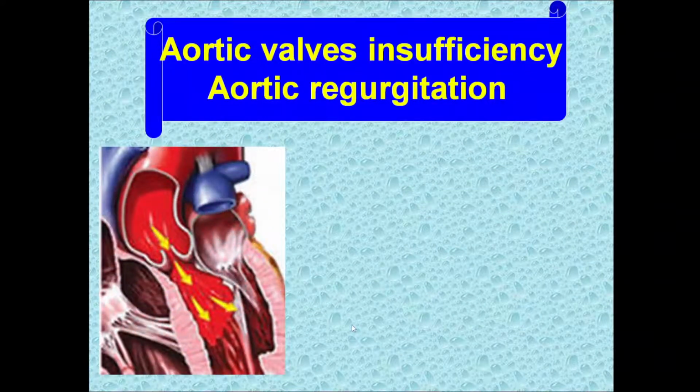And the last heart defect on which we'll stop today is aortic valve insufficiency or aortic regurgitation. Aortic valve insufficiency is manifested with an unclosed aortic orifice during the diastolic period.